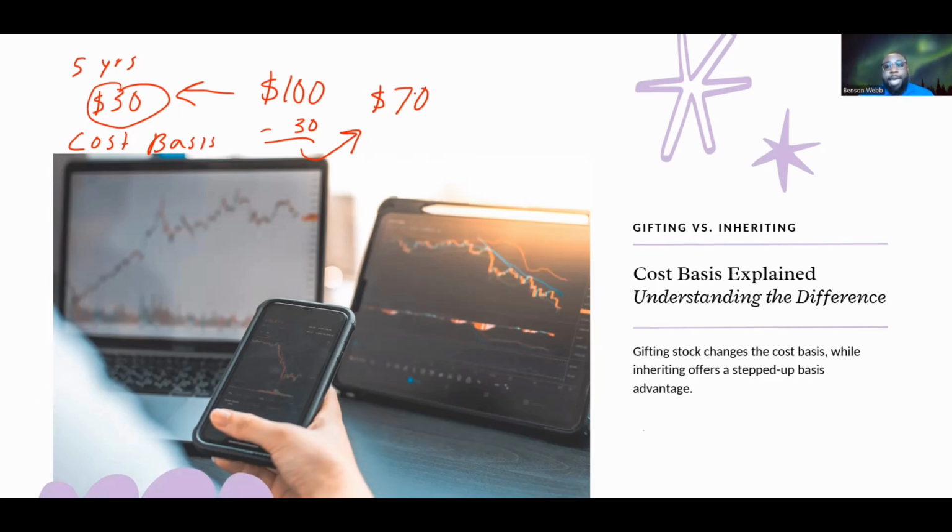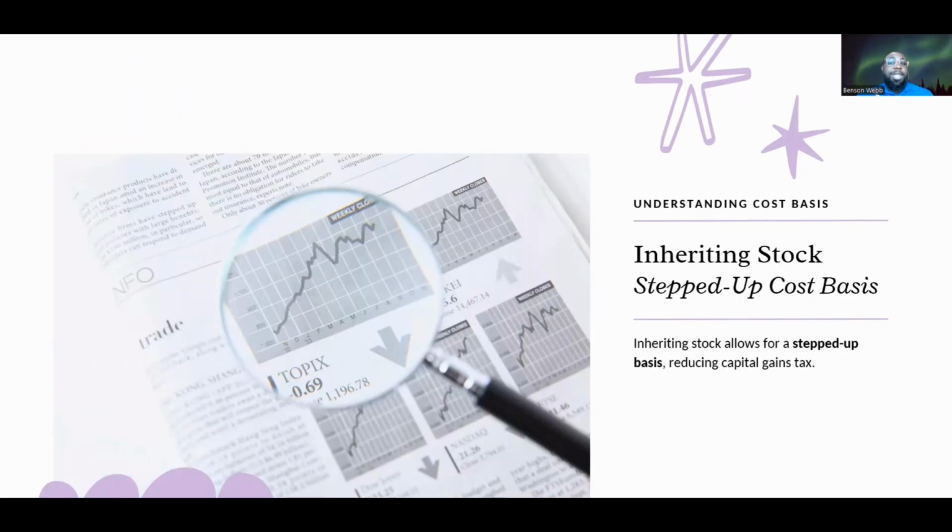But this is where letting someone inherit a stock is beneficial. Let's say you put it in your trust or in your last will and testament, saying, "I want my shares of GWC stock to go to my grandchildren once I pass away." What happens is that you get a stepped up cost basis. Basically, when you pass away and someone inherits your stocks, whatever the price of that stock is at that time is the cost basis the inheritor receives.